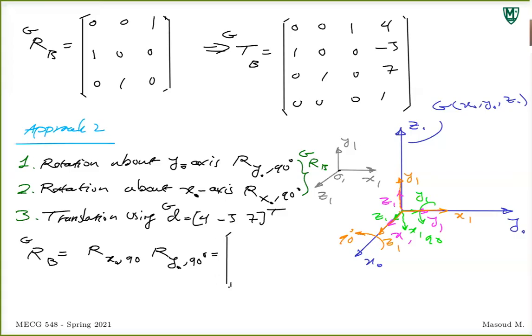For X naught, it would be 1, 0, 0, 0, then cosine 90 degrees, minus sine 90 degrees, then sine 90 degrees, and cosine 90 degrees. So this is our Rx 90 degrees.